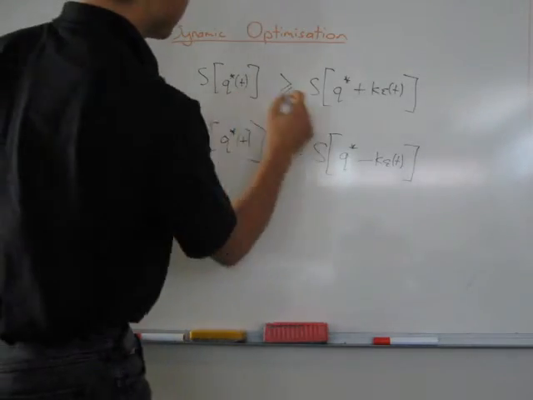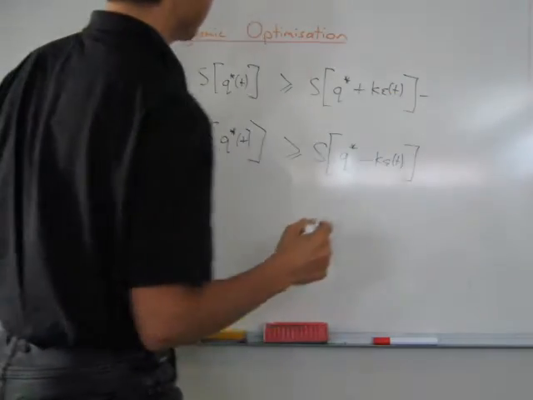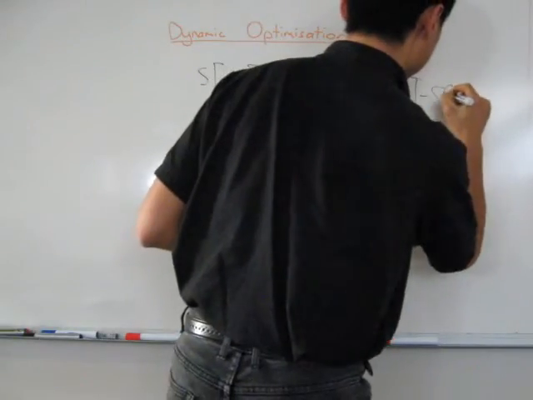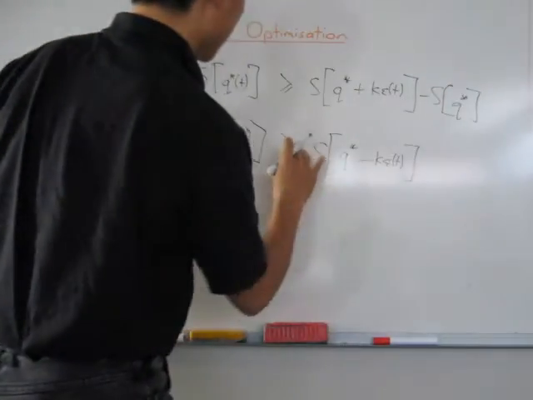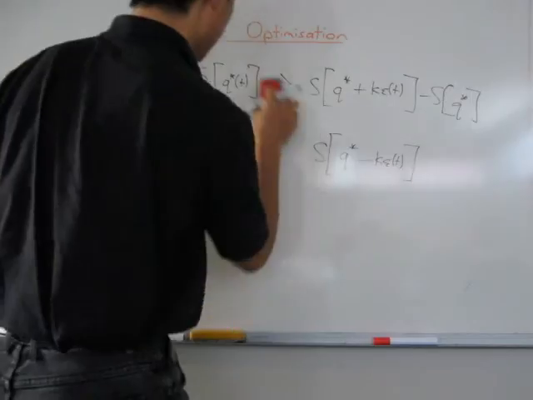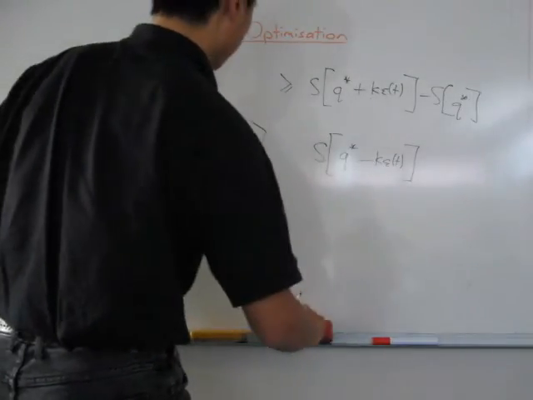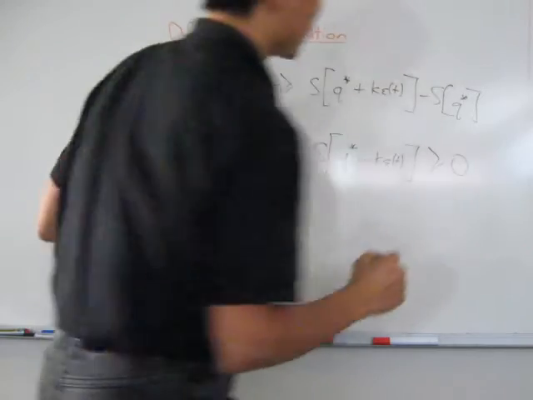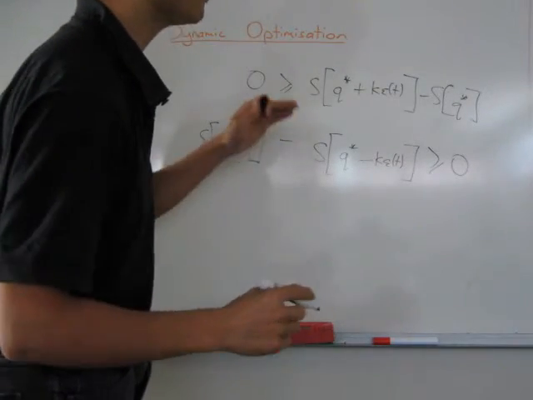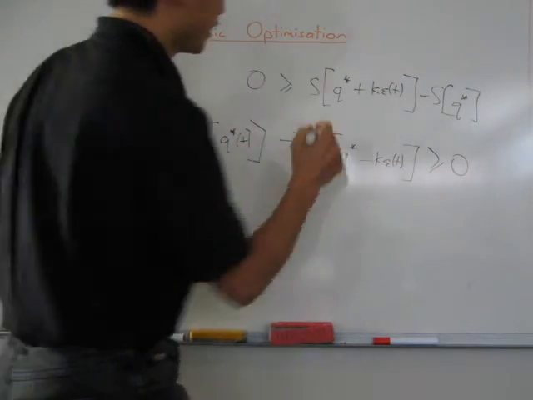Well, let's suppose I bring this over to the other side. And I bring this over to the other side. And then I divide both sides by k.